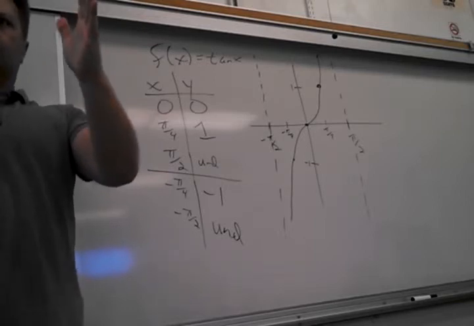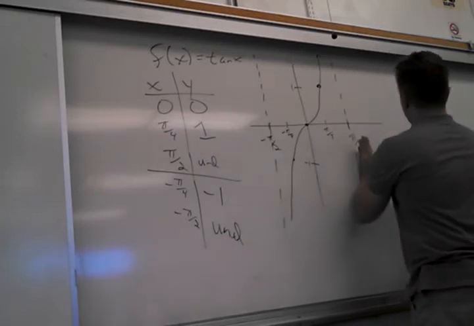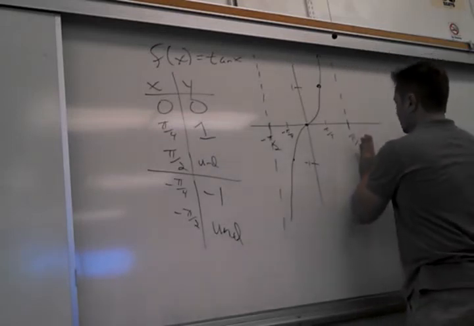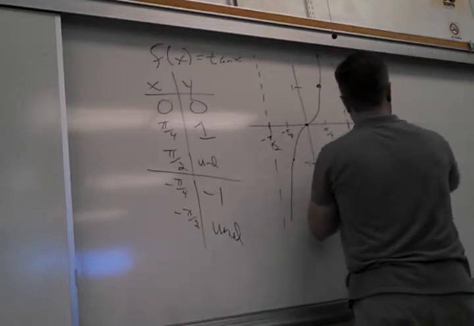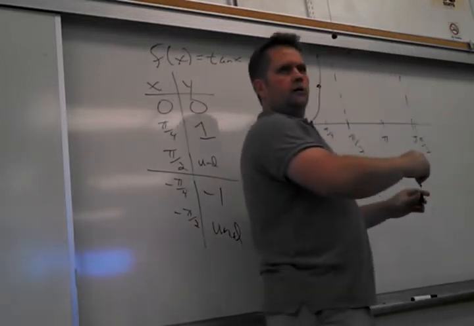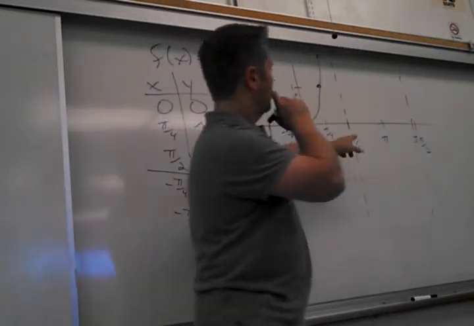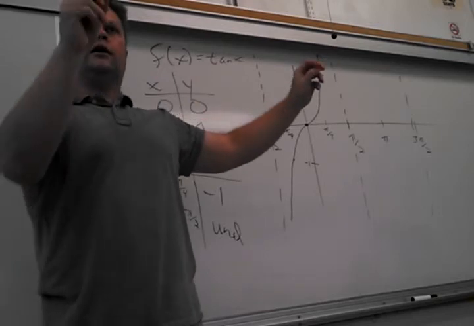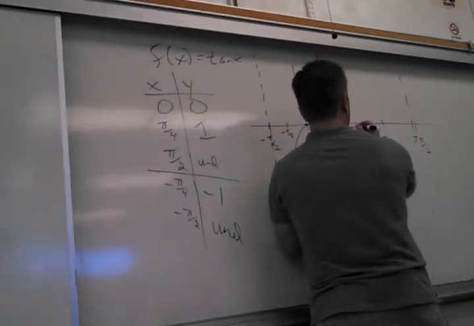It does this how many times? Infinitely many. So from pi over 2 to 3 pi over 2, it's going to do the same thing again, right? It's going to have asymptotes. It's going to go the opposite way. And think about it: which quadrant am I in here?